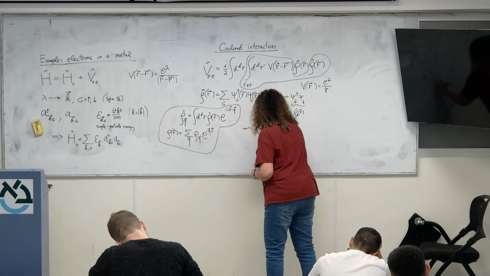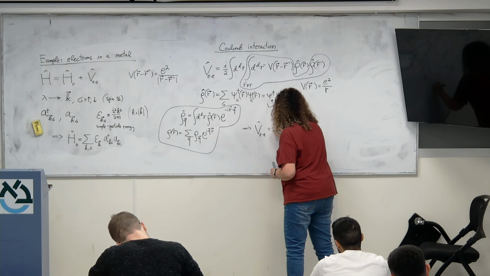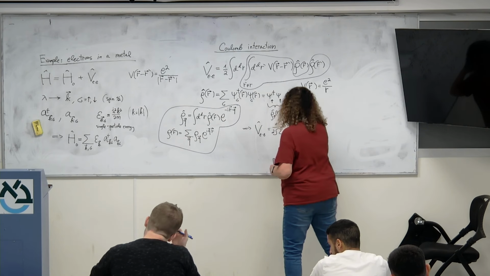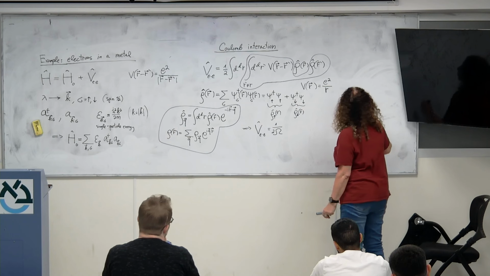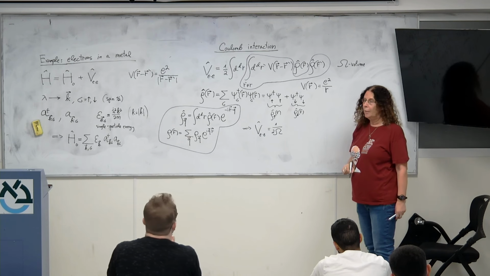V_ee is, there's still a factor of 1/2, and let me here put a factor of 1 over omega, where omega is the volume of the system.